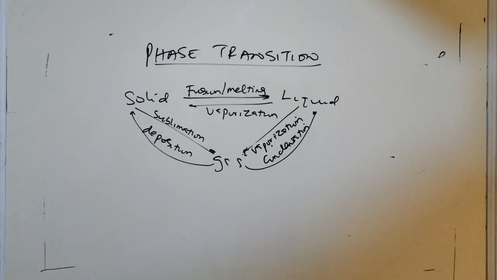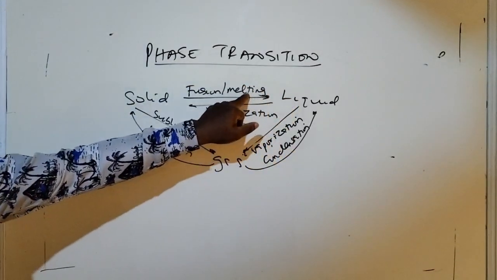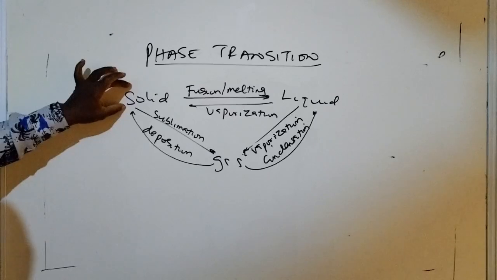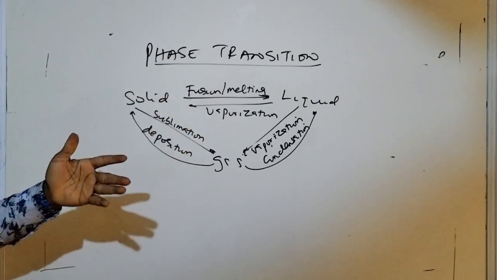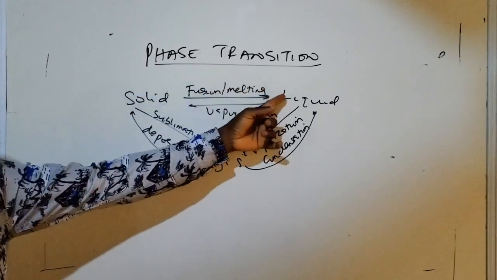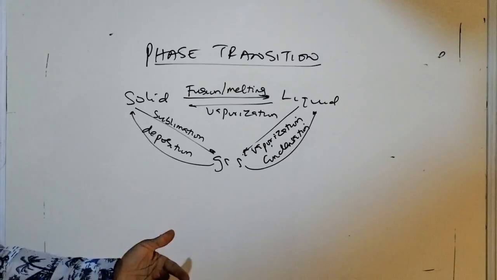Looking at solid, liquid and gaseous state, you can see that solid moving to liquid is called melting or fusion. When a solid melts, it requires heat at the melting point. The heat required to change a solid to a liquid at the melting point is called the latent heat of fusion.